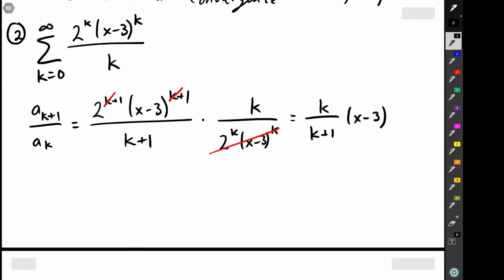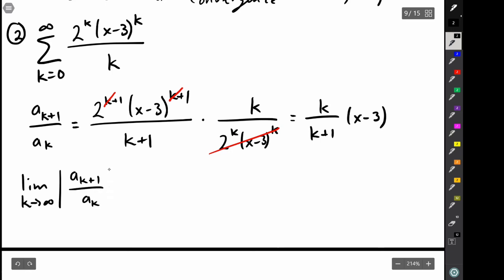We have to compute this limit from the ratio test, the absolute value of a_(k+1) over a_k, the limit as k goes to infinity. Again, we have to take the absolute value of all this stuff. Well, this part is always positive, so we don't need to bother. Here, we need to keep the absolute value. So this will be k over k plus 1, times the absolute value of x minus 3.